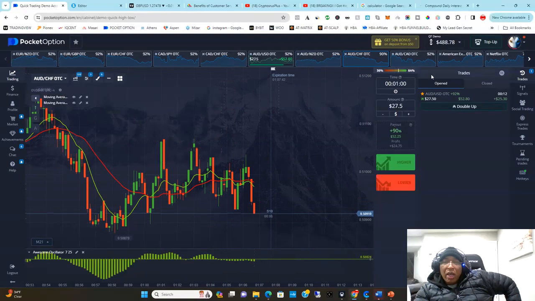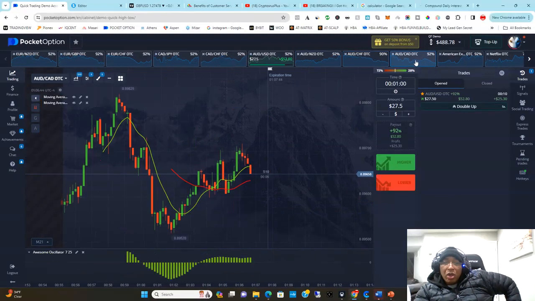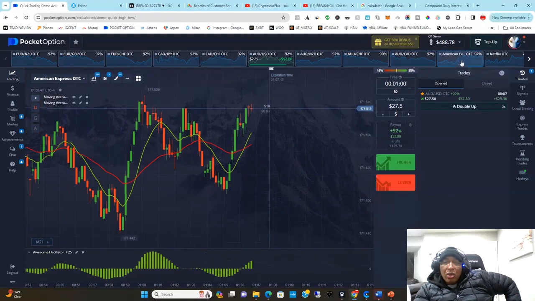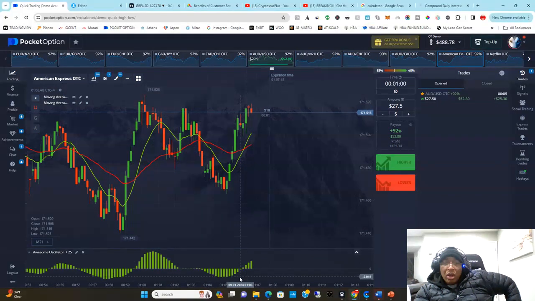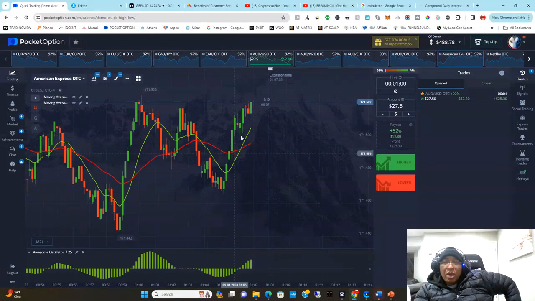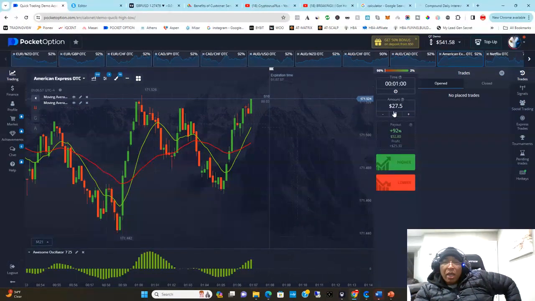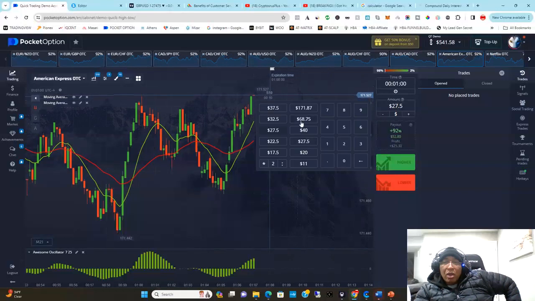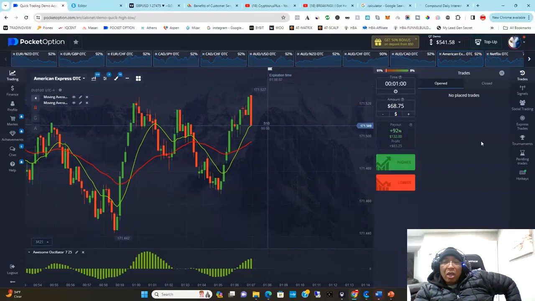Okay, this is bad because the Awesome Oscillator is not oscillating. Okay, this one does look like it's going down now. Up and down, up and down. Okay, so she did get that back. So the next one is this one, 68 points.